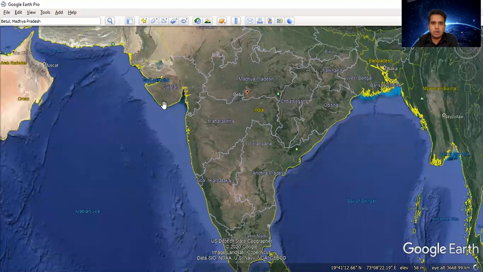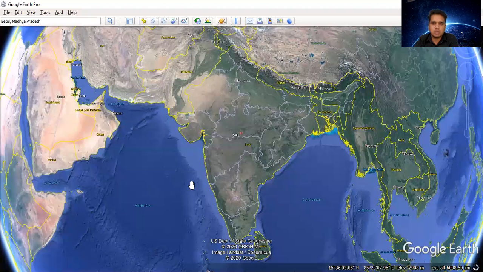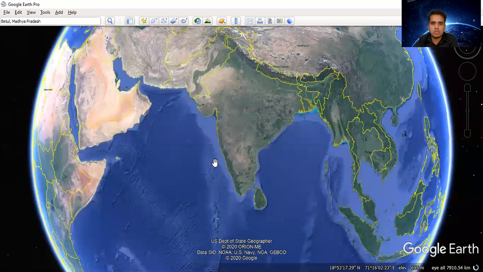Peninsula means the land which is surrounded by water on three sides. India is surrounded by water on three sides, 1, 2, and 3, so in this way it is known as a peninsula.